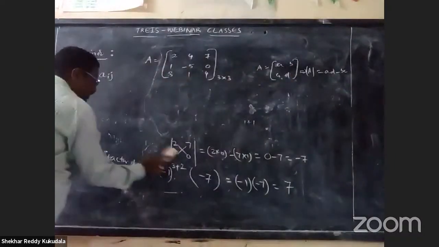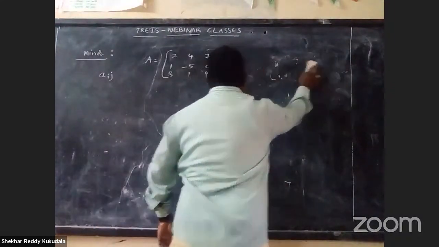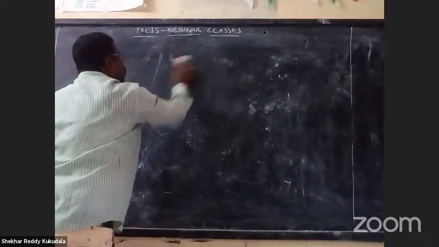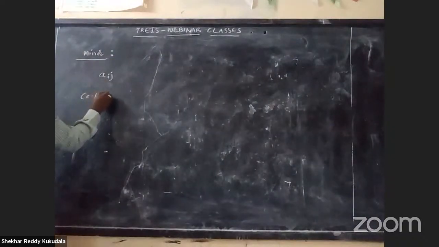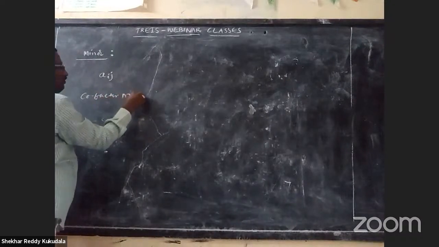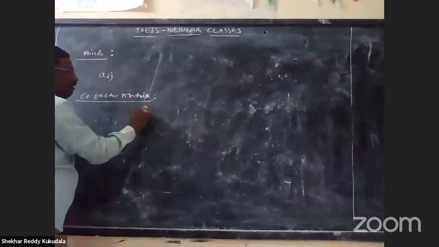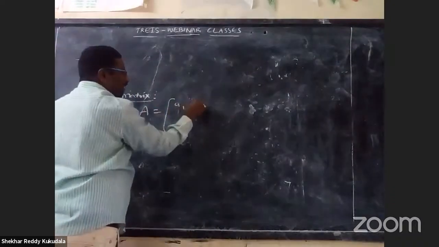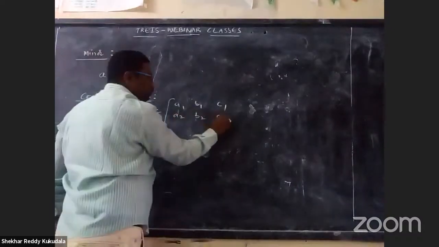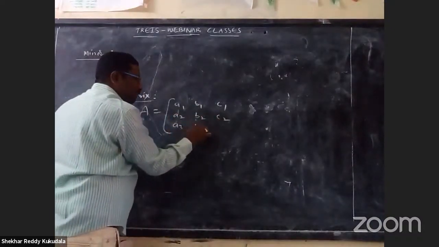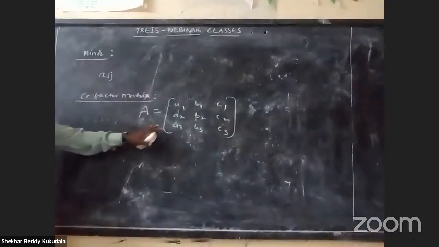Next concept is what is meant by cofactor matrix. For example, A is equal to A1, B1, C1, A2, B2, C2, A3, B3, C3, a 3 by 3 square matrix.